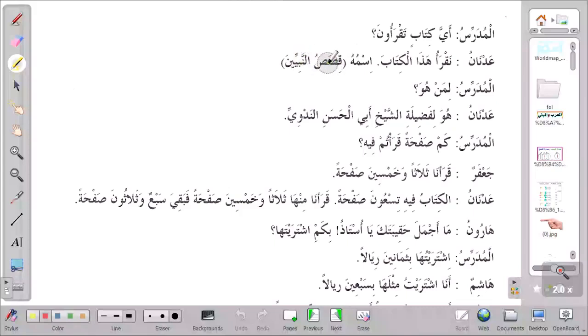Qisas is the plural of Qissatun. Nabiyyin is the plural of Nabi. Okay, one prophet, Nabi. So because it is mudaf ilay here, Qisasun Nabiyyin. Qisas is mudaf, Nabiyyun, it was initially Nabiyyun, that is the mudaf ilay.